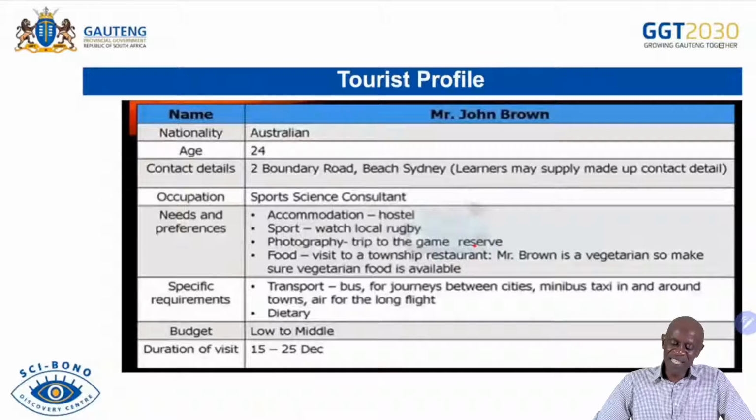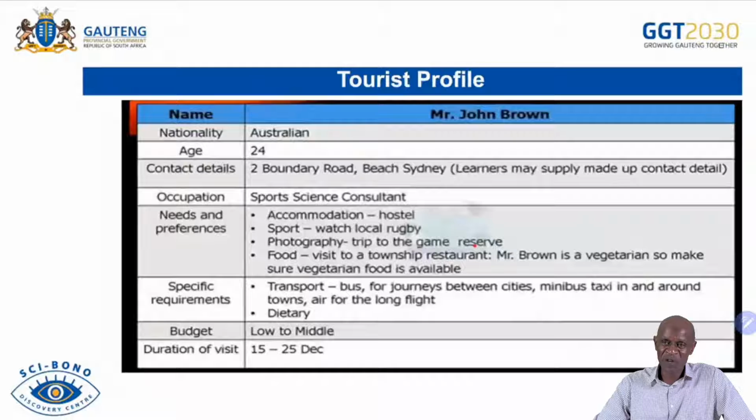Another important element of the tourist profile is the age. The age determines the kind of activities that you'll book for the tourist. It also guides you towards selecting the type of accommodation and transport. So in the case of Mr. Brown, his age is 24.